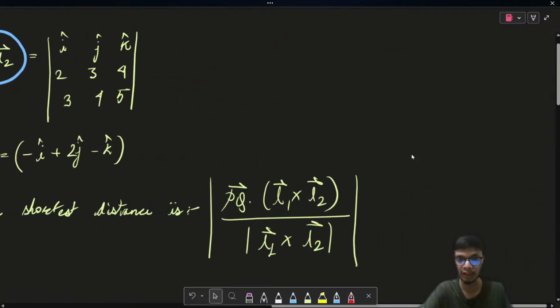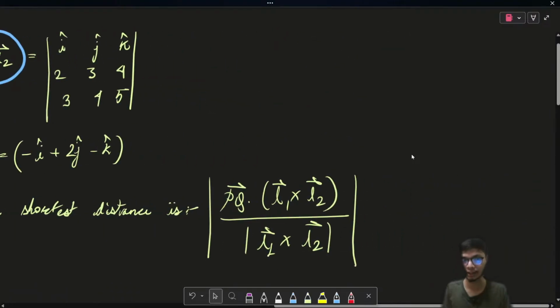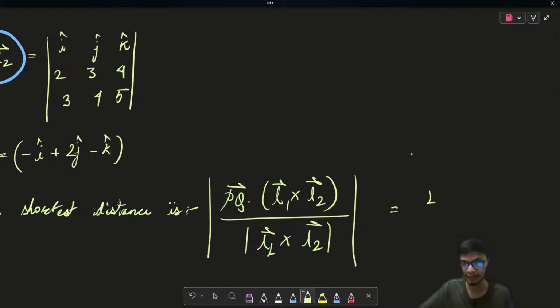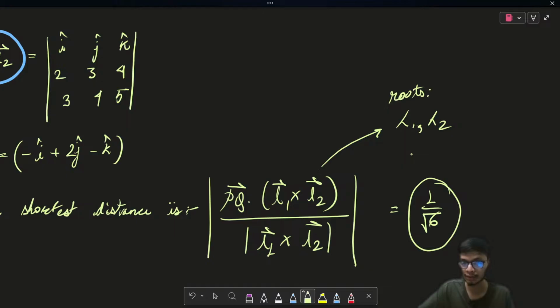This length is supposed to be 1 upon root 6, and that can occur for 2 values of lambda. So this particular length is equal to 1 upon root 6, and this will have 2 roots in lambda, that is lambda 1 and lambda 2. So the roots will be either lambda 1 or lambda 2.